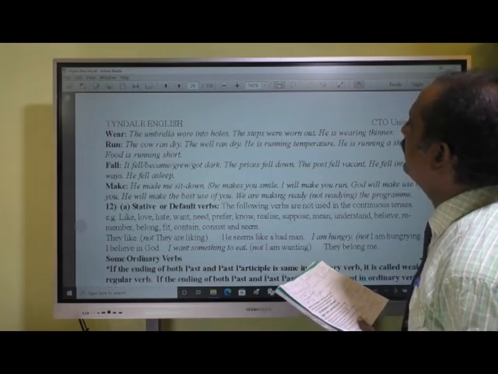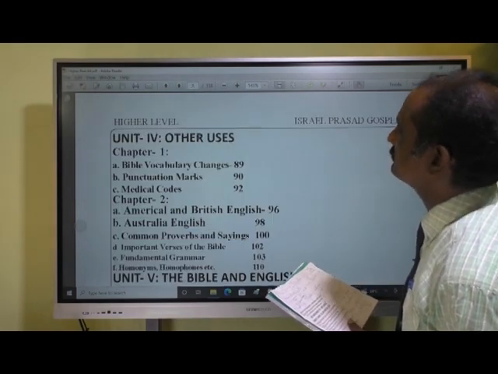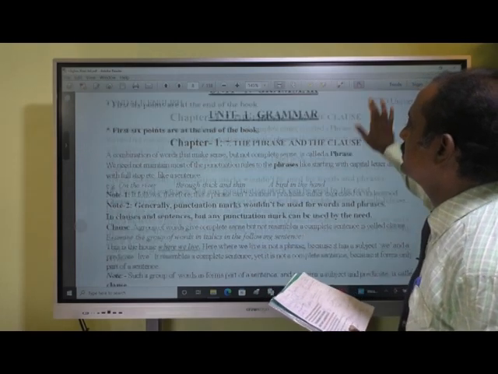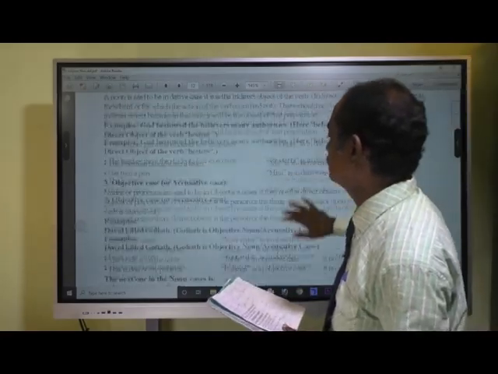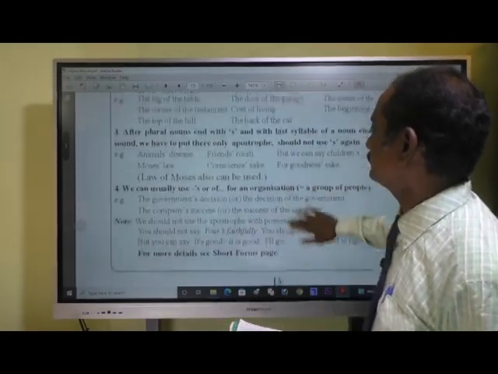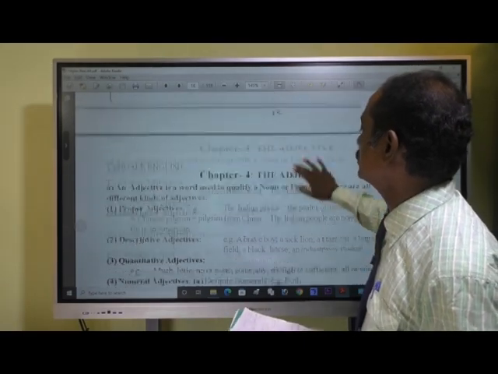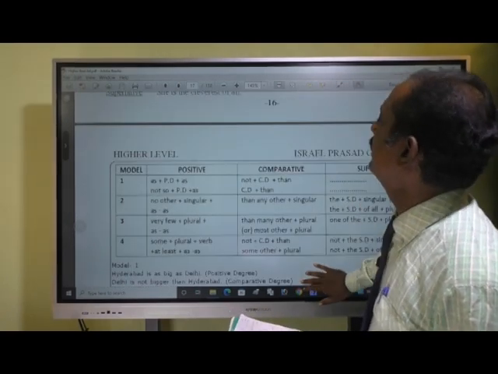I will teach you a little bit now. It is the beginning of the grammar point, you know that. I taught you already what the pronouns table is, and then we will go to chapter 4, adjective.